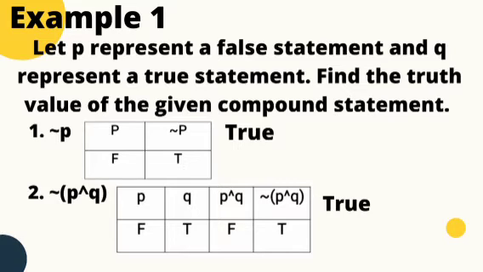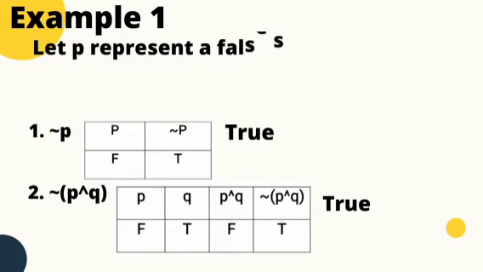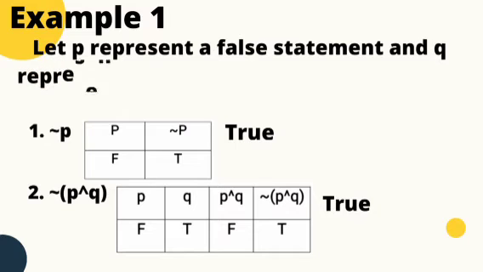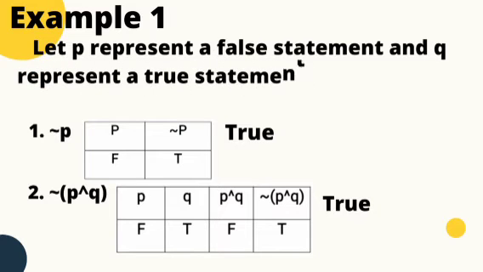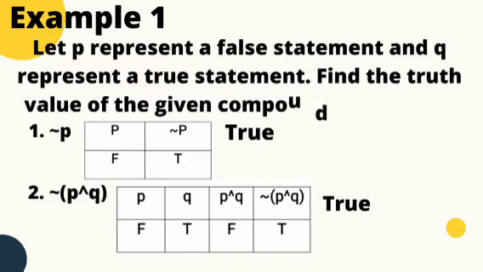Therefore, the answer to that question is true. The negation of P and Q: if P is false and Q is true, then P and Q is said to be false, and therefore the negation of P and Q is said to be true. And the answer to that question is true.